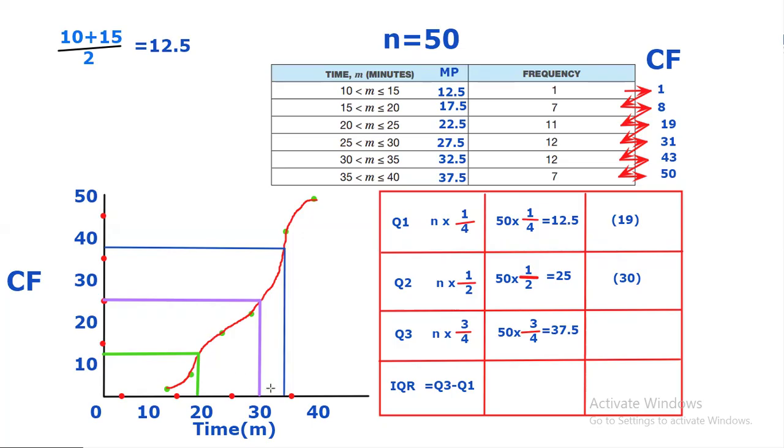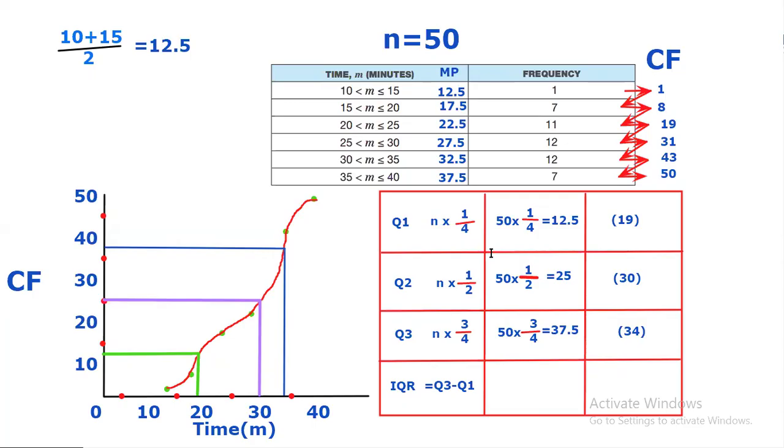So basically, I found the value of Q3, which is 34. I'll write it here in brackets, 34. Close brackets. And by that, I found all the quartiles, Q1, Q2, Q3.